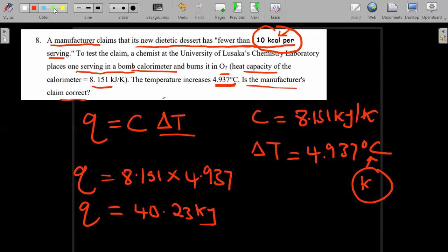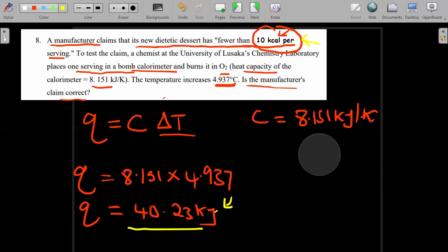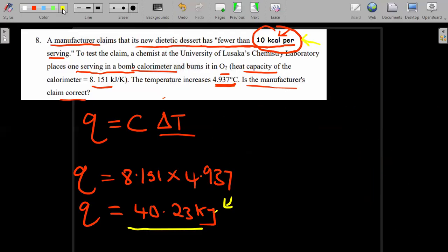That's the energy I am getting. What we notice is that it is in kilojoules, so we have to convert this energy into kilocalories, and then we can compare it with the 10 there. I'm going to erase this part. We know that 1 calorie is equal to 4.184 joules.